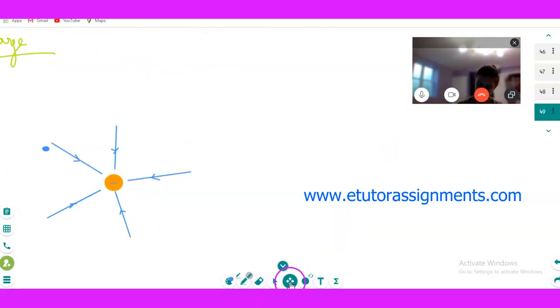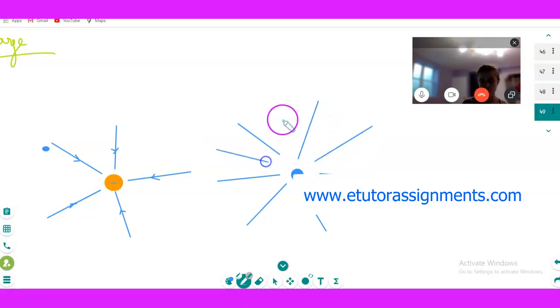Now one quick objective question. This is also a negative charge.